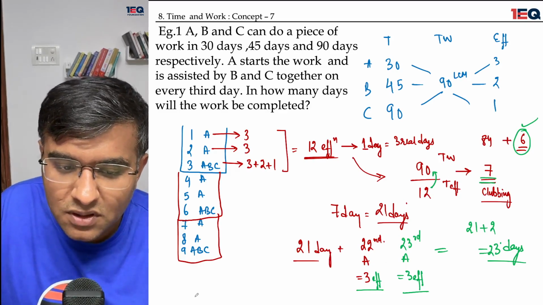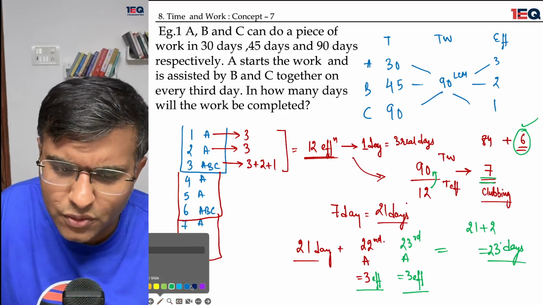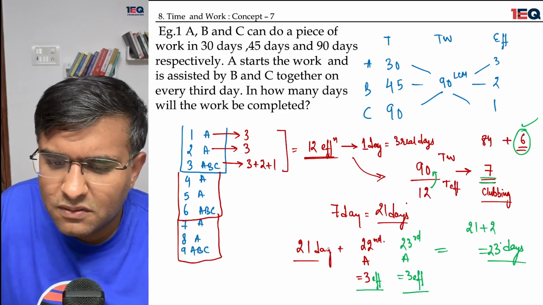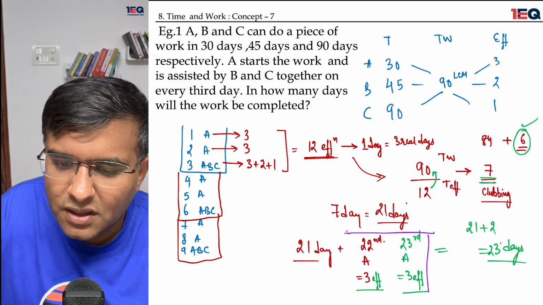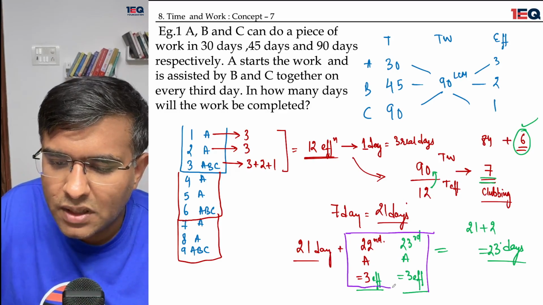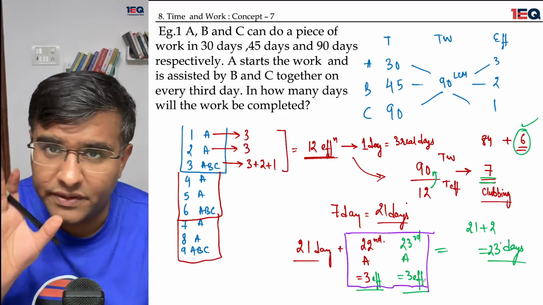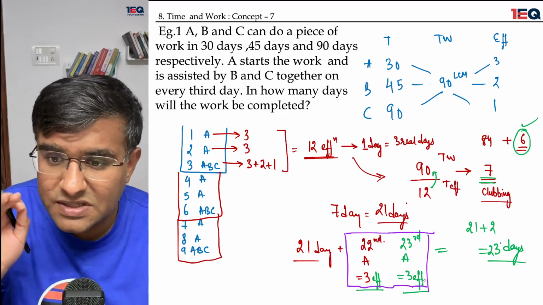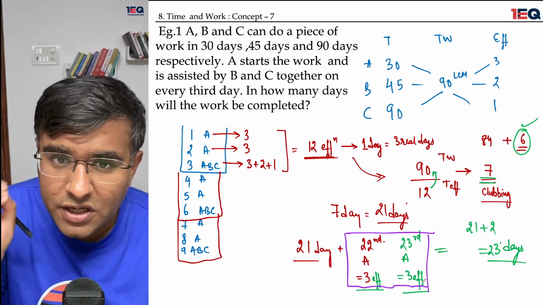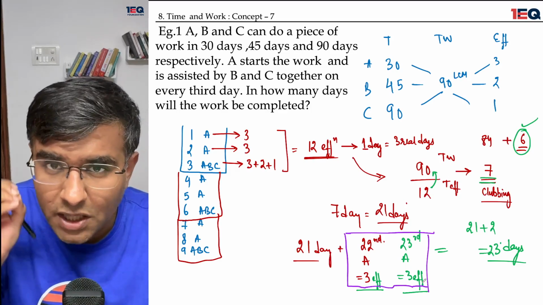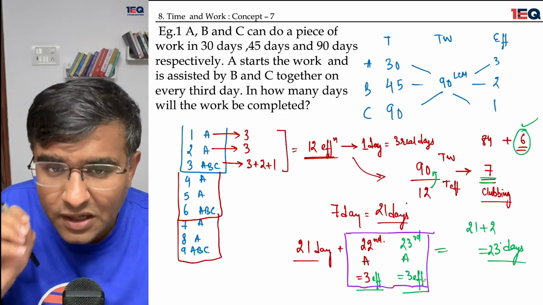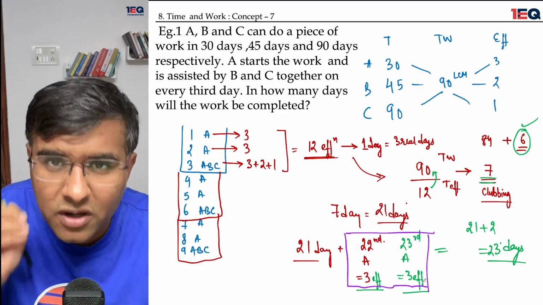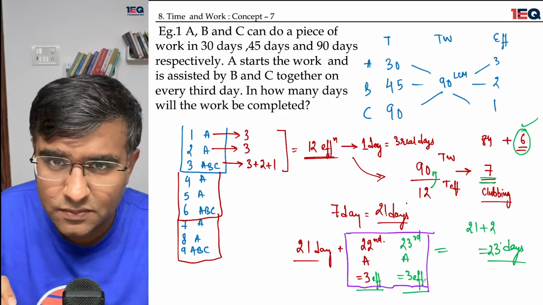This manual work might seem a little daunting to you, but this is the only way in which you will gain 100% confidence. You'll gain 100% accuracy as well. Do not shirk away from the manual labor. Let there be a little manual labor. All the questions cannot be solved with the help of shortcuts.